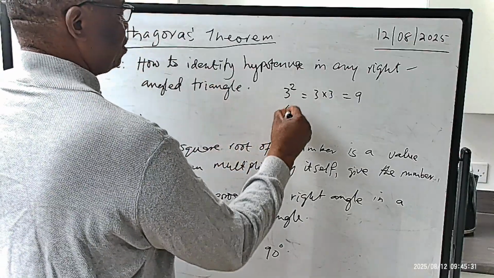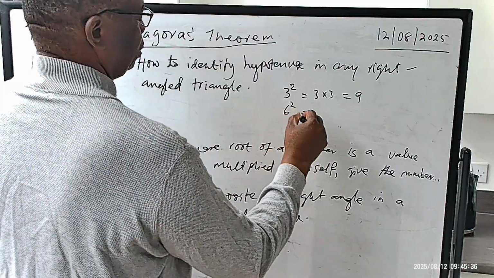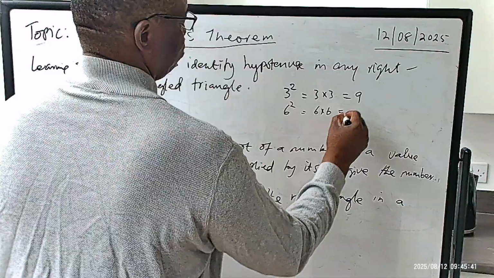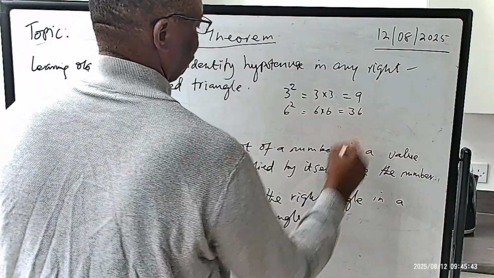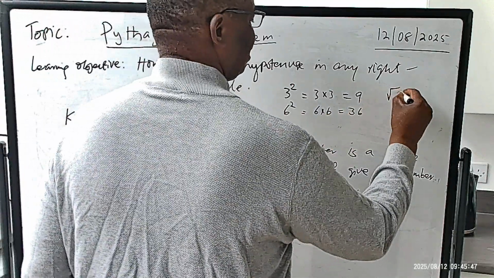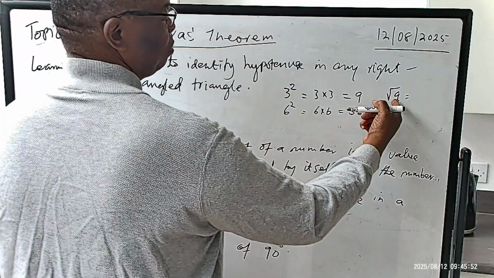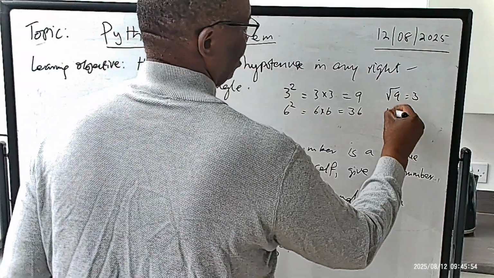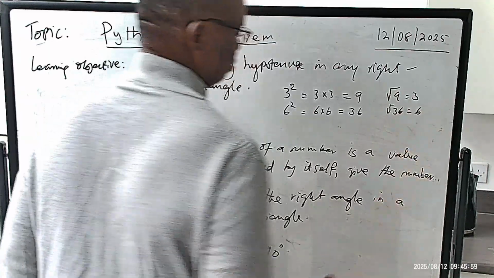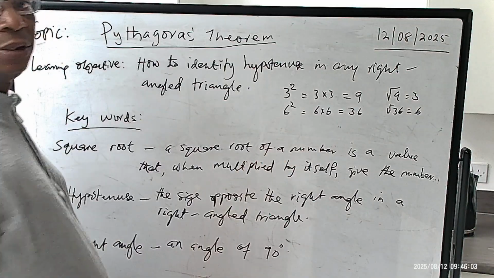If I say 6 square, it means 6 times 6 will give us what? 36. If I now say the square root of 9, what is that thing that you multiply twice that will give you 9? The answer will be 3. And the square root of 36, the answer will be what? 6.